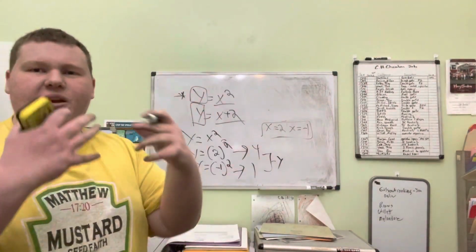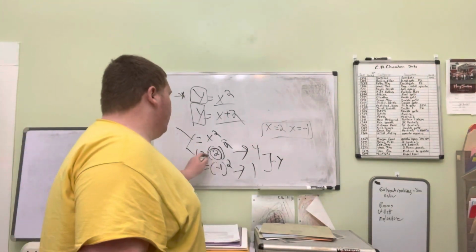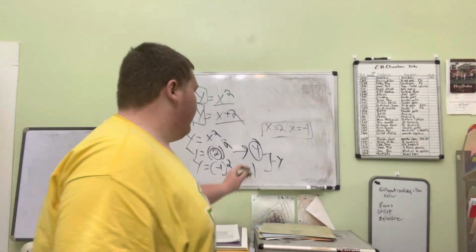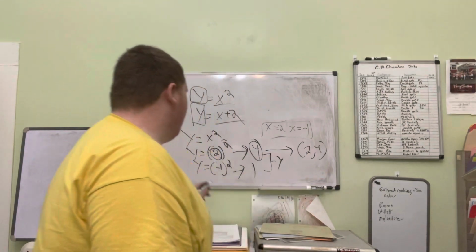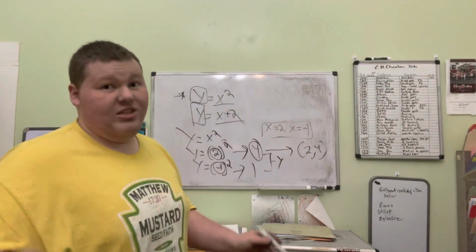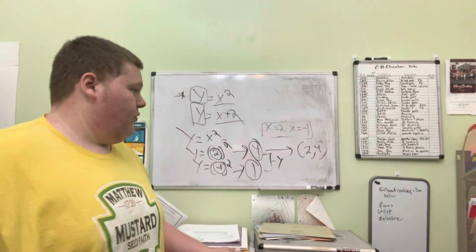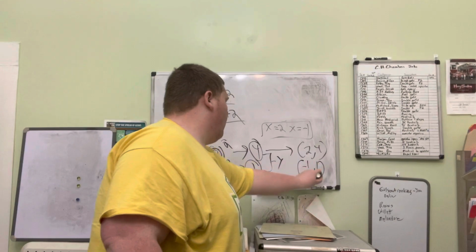So now how do we piece the x and the y together? We use the 2, which is an x, and we end up getting a 4, which is the y. Therefore, that would be 2, 4. We use the negative 1, which is x, and it resulted in a positive 1, which is y, and that would be negative 1, 1.